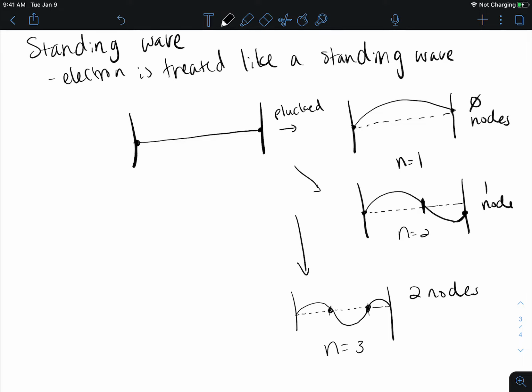Our first one we call the fundamental. And then we have the first overtone and the second overtone. If you've played any string instruments, this will make a little bit more sense. If not, it's okay. We'll describe it a little bit more.